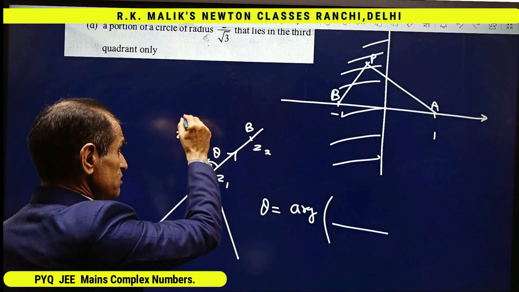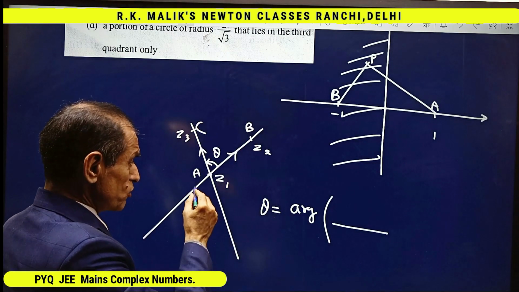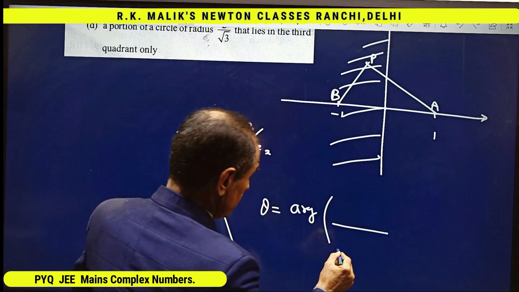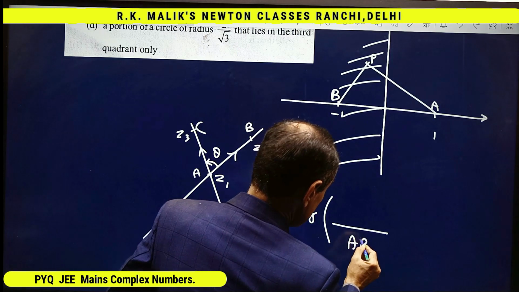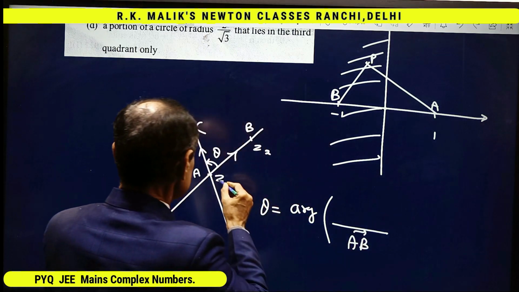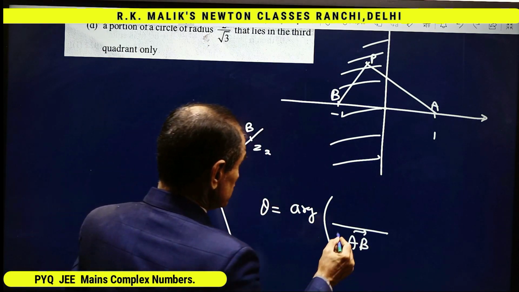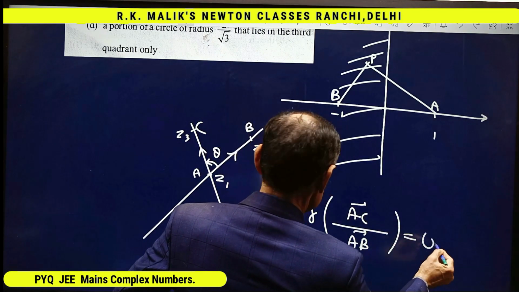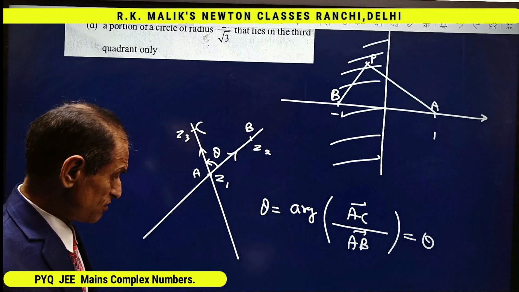this is AB vector, this is AC vector. Note that the vector from where the angle is starting, that vector is to be written in the denominator. The vector where the angle is ending, that vector is to be written in the numerator, and this is equal to theta.